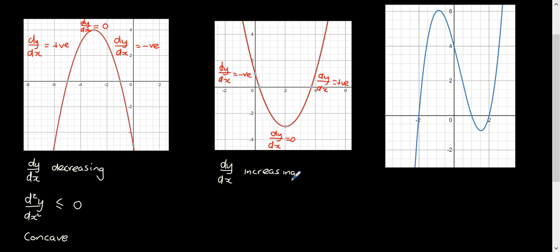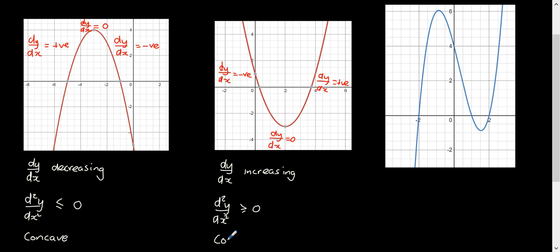Okay, if we go from a negative value through to a positive value, we've increased. And we can describe that behavior using the second derivative. The second derivative is the rate of change of the first derivative, and the rate of change is greater than or equal to 0 because it's increasing.